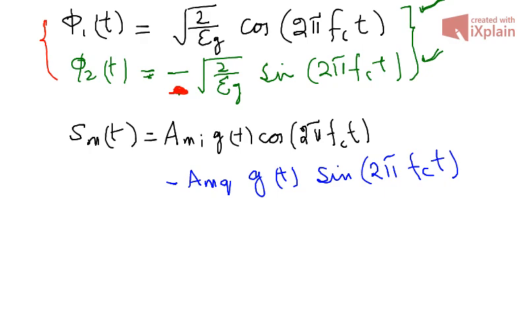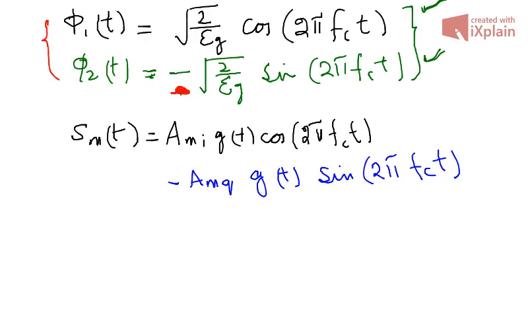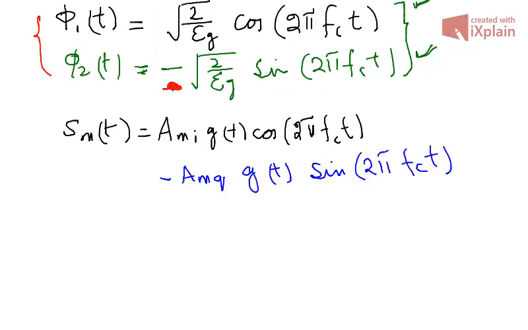Now if you observe, phi1 already has this cos term. The cos term is already there. There is some additional scaling of square root of 2 over Eg.